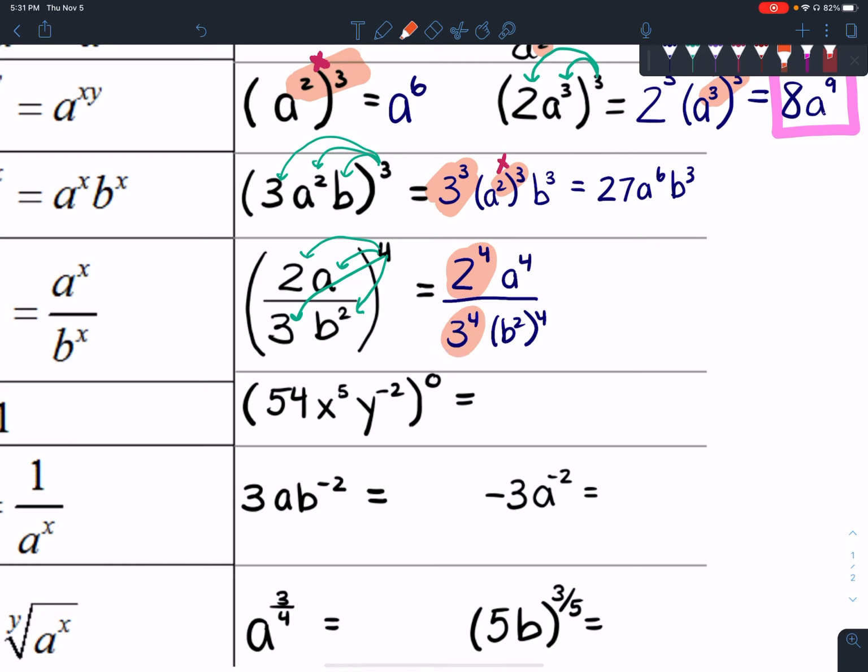Same thing with the 3 to the power of 4. So this is 2 times 2 times 2 times 2, which I believe is 64. No, it's not 64. It would be 16. 8 times 2, right? 2 times 2. I'm just using my calculator. Yeah, it is 16.